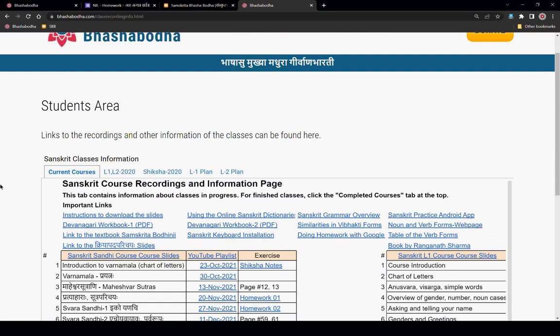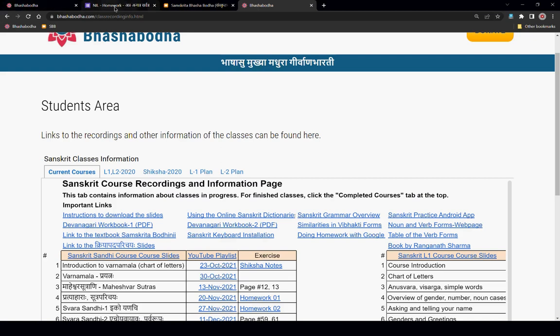One is the Sanskrit language, what it is, the language itself, what it is, and why we are trying to speak Sanskrit.